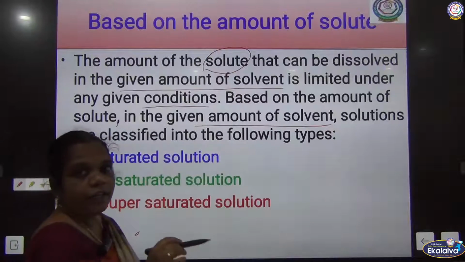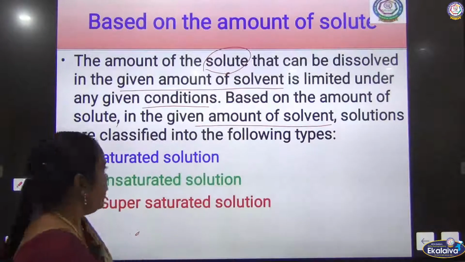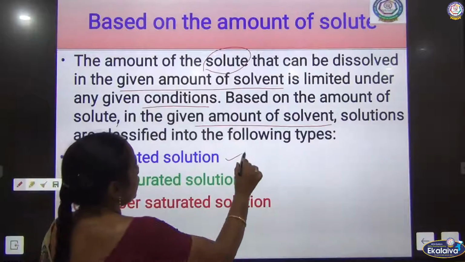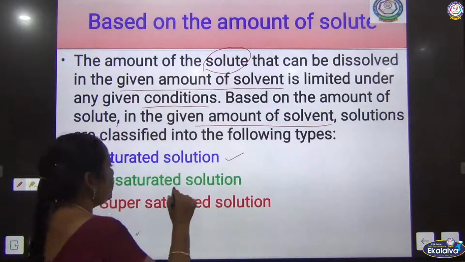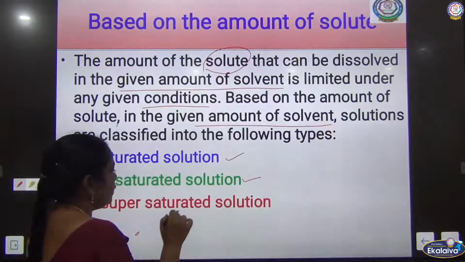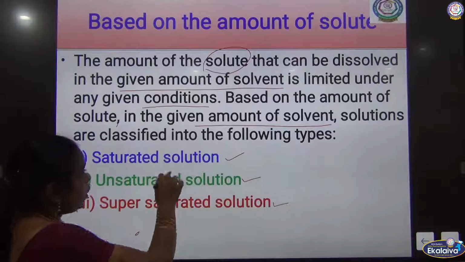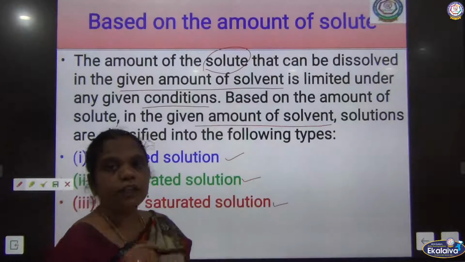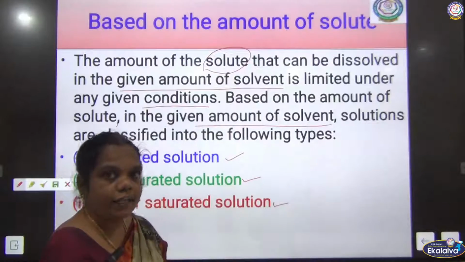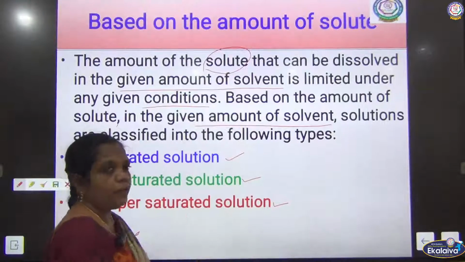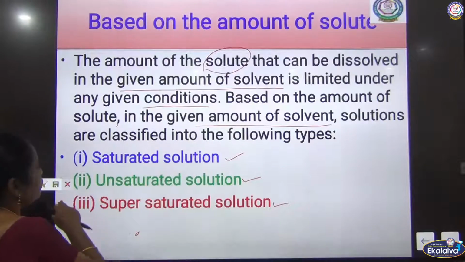Based on this variation, it can be classified as saturated solution, unsaturated solution, and supersaturated solution.